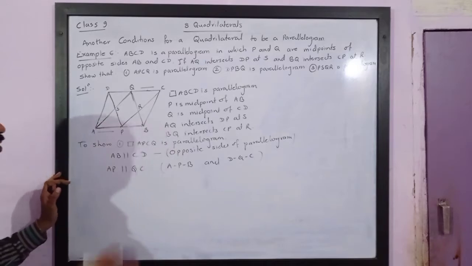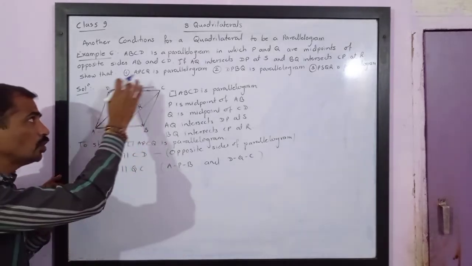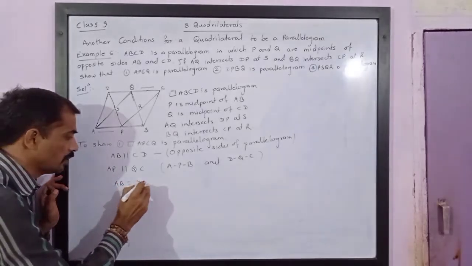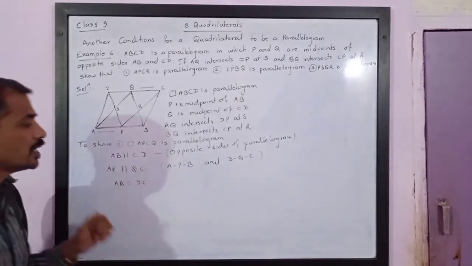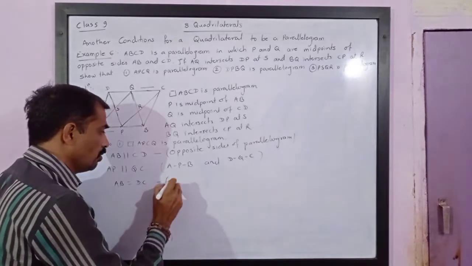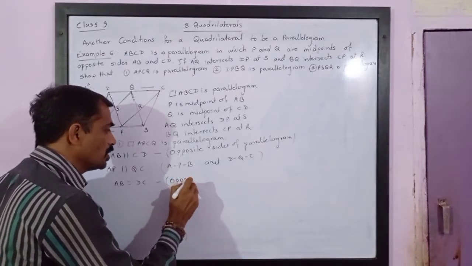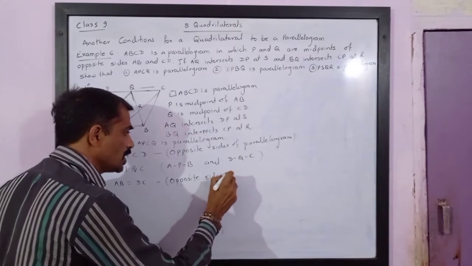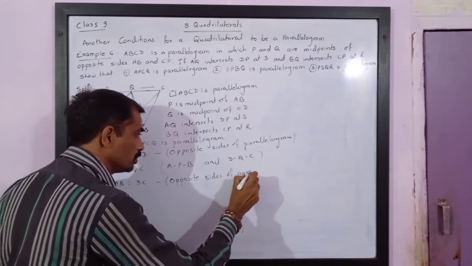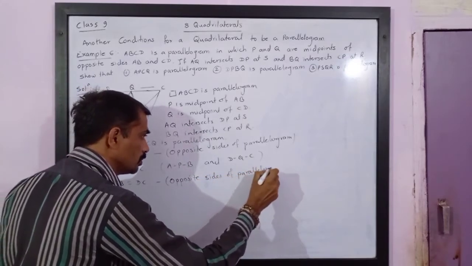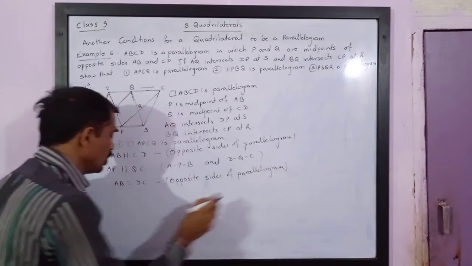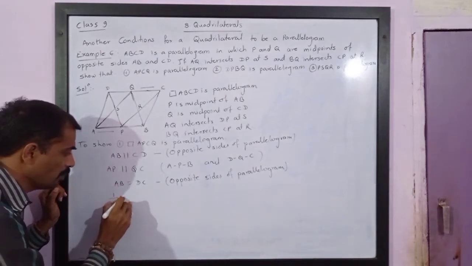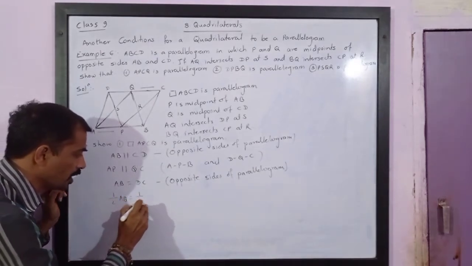Next, AB is equal to DC. Reason is again opposite sides of a parallelogram; we have proved earlier that opposite sides of a parallelogram are equal. So half of AB must be equal to half of DC.